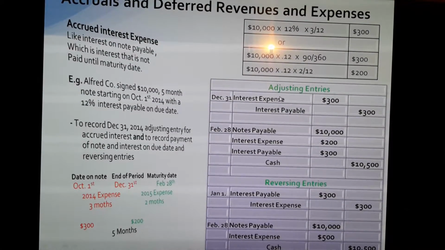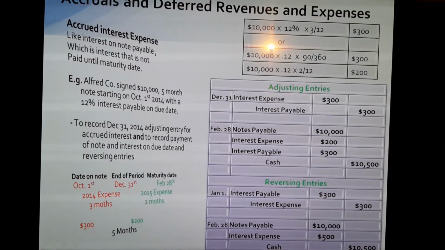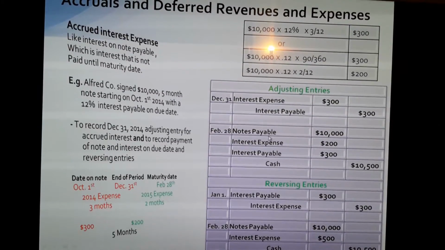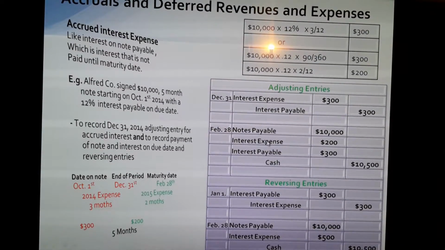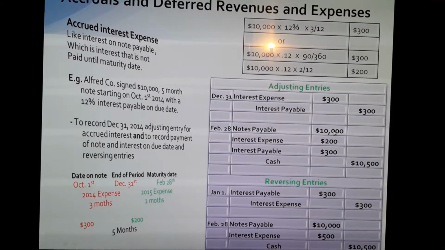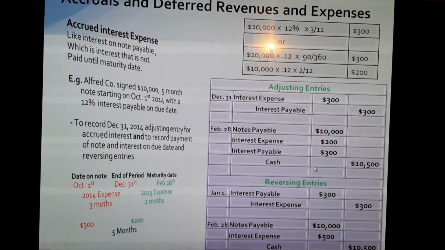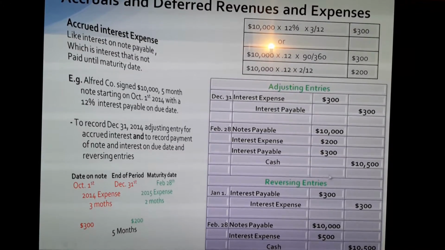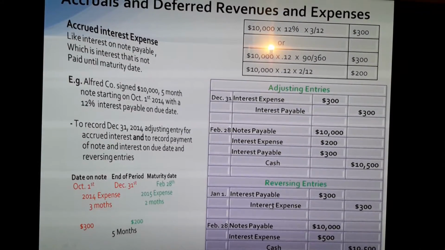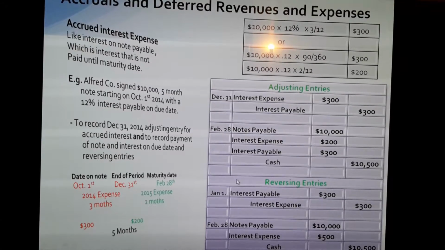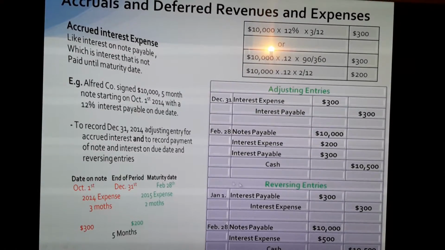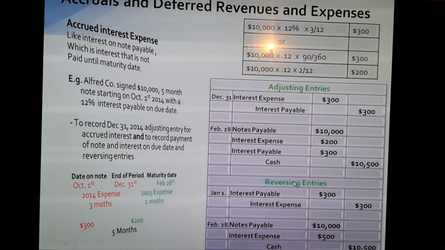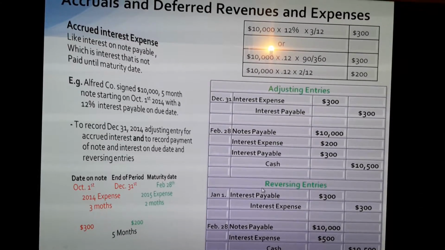Remember, you already had an interest payable for last year, and an interest expense for this year. So with the interest you have to pay, the cash is going to be 10,500. You reverse the entry here because they asked us to do a reversing entry. Remember when I told you why you do a reversing entry?